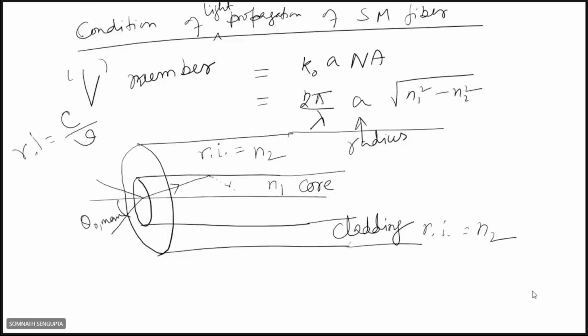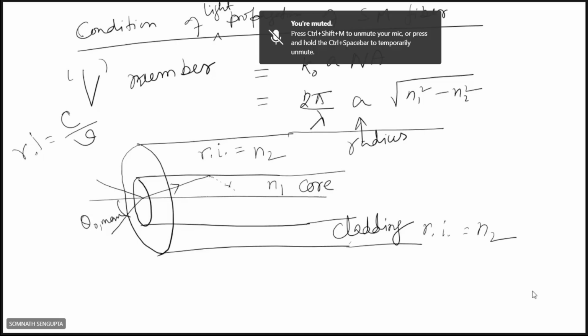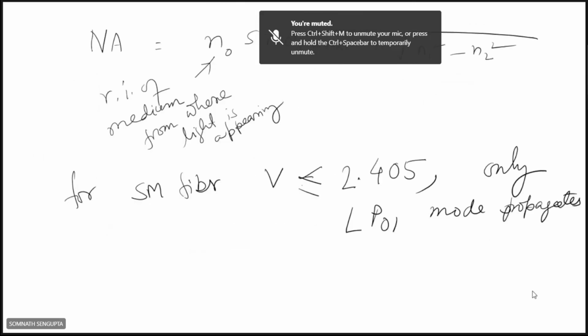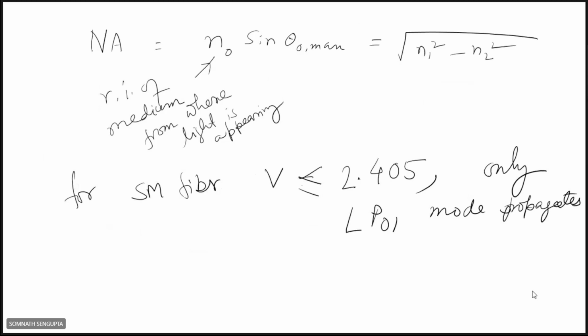Then we have seen what is V parameter, what is the equation of this, and we have seen how the single mode fiber is characterized, like if V number is kept, single mode fiber only LP01 mode propagates, and LP01 mode always propagates irrespective of the type of fiber.